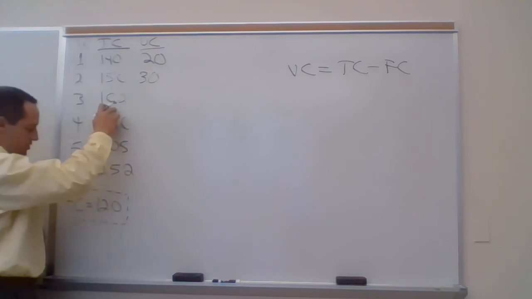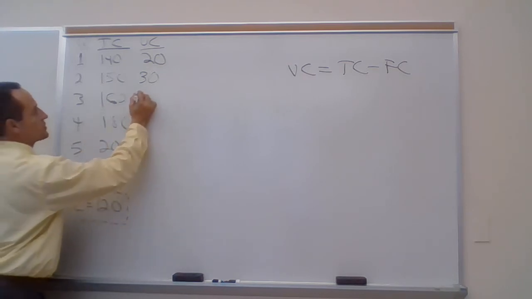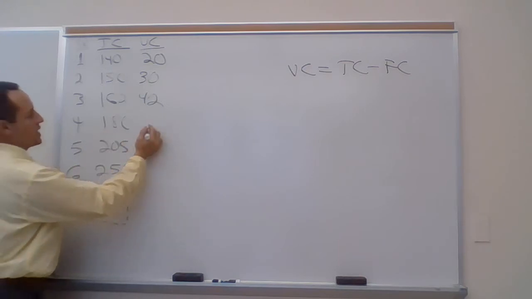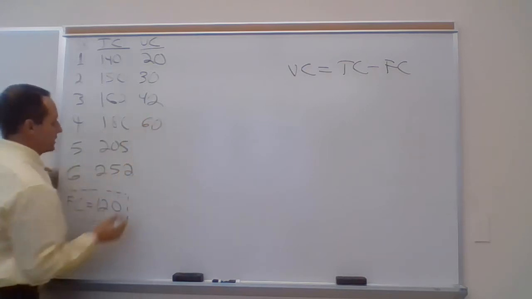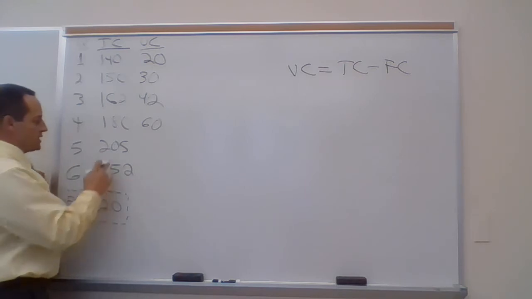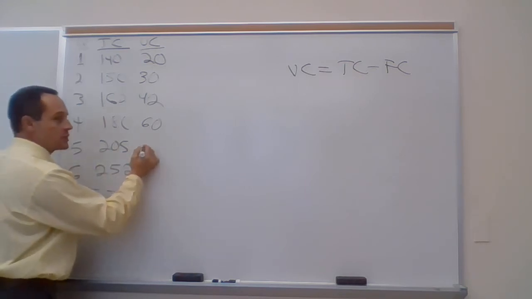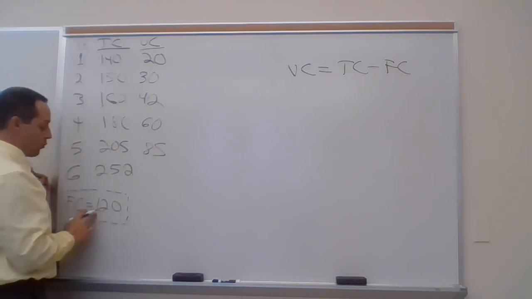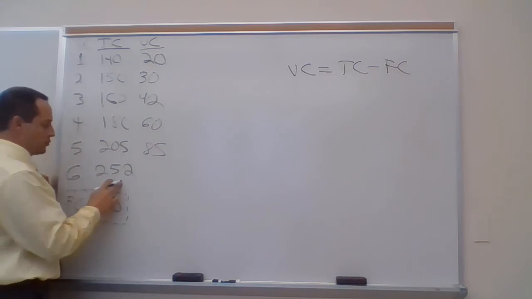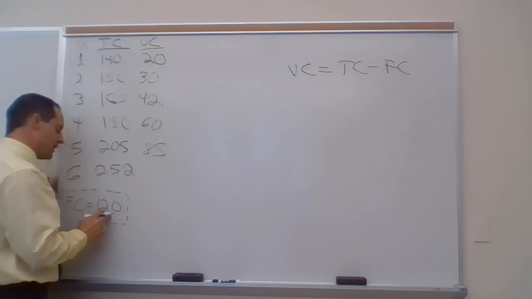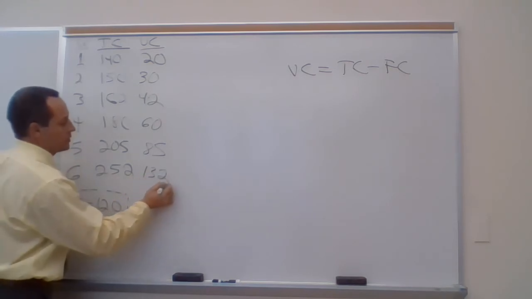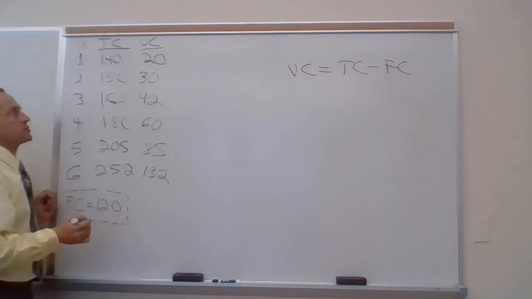If from 162 we take out 120, that leaves us with 42. From 180, if we take out 120, that will leave us with 60. 205 taking out 120 leaves us with 85. And if we took 120 from 252, we'd have 132. So there is variable cost.